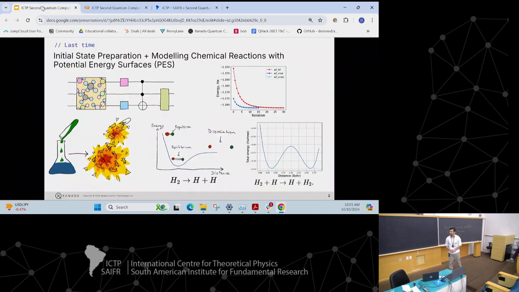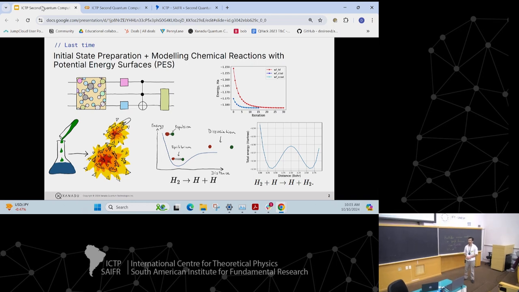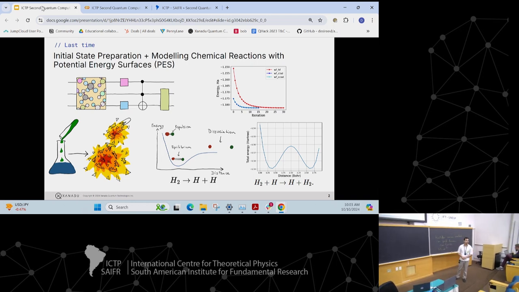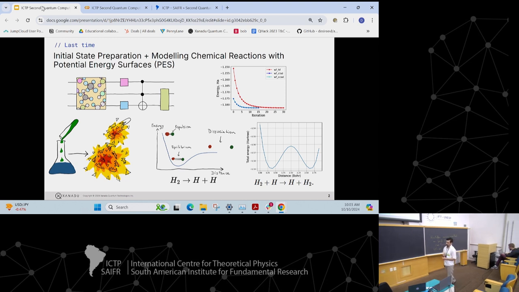So we also looked at a couple of very simple chemical reactions. We looked at the dissociation of H2 into 2 hydrogen atoms and calculated the dissociation energy, so how much energy you need to actually pull apart the 2 hydrogen atoms. And we also looked at a slightly more complicated reaction, the hydrogen exchange reaction, where you have just a hydrogen molecule next to a hydrogen atom, and you pull one of them apart until it attaches to the other one. We looked at the idea of transition state and activation energy and the effects that temperature has on reaction rates and the importance of very precise computations.